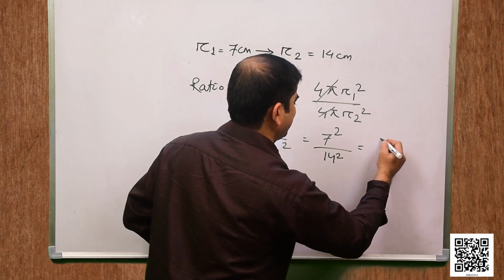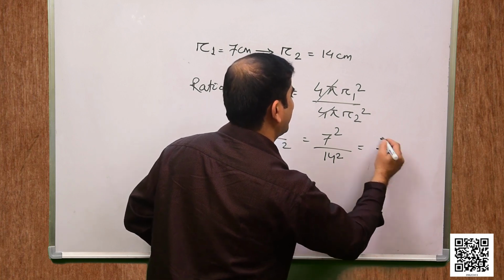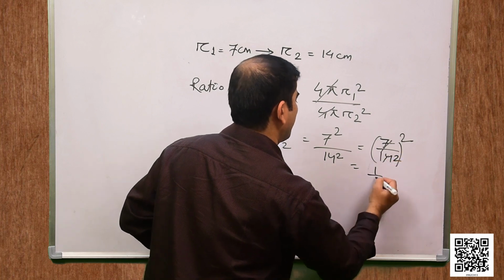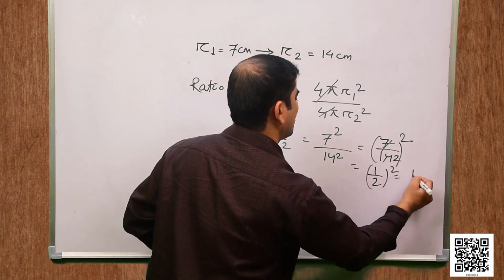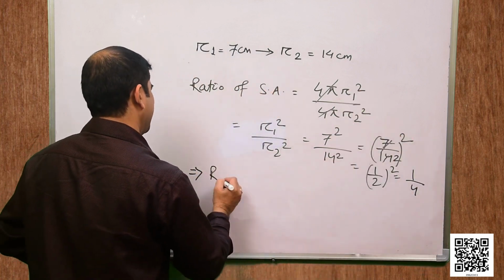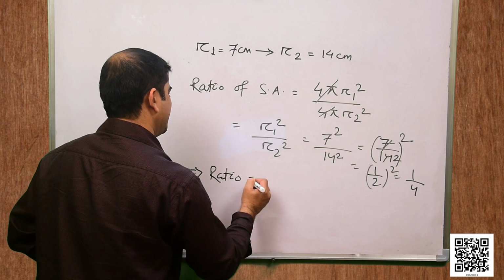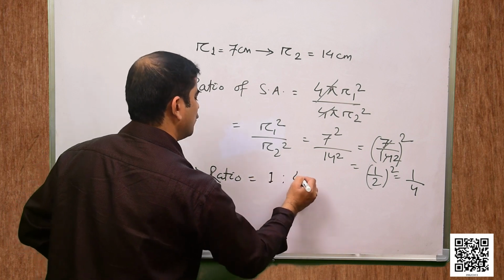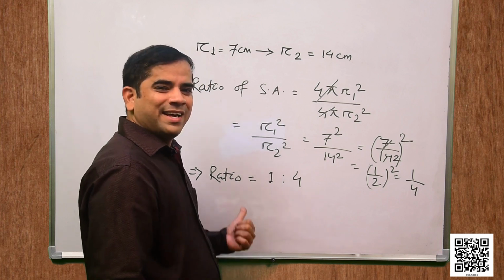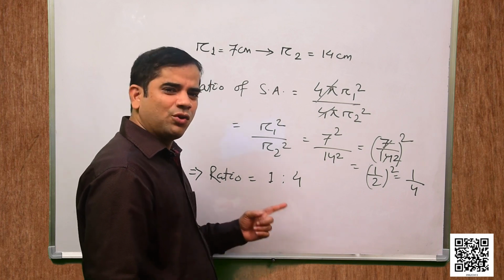It becomes 7 by 14 whole square, or 1 by 2 square, that is 1 by 4. That implies the ratio is equal to 1:4. Hence the required ratio is 1:4.